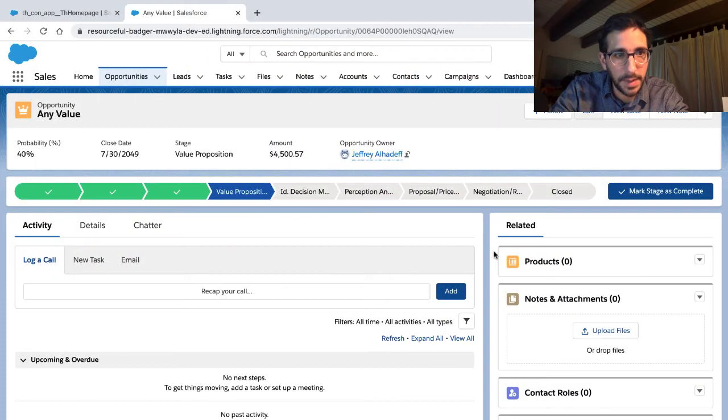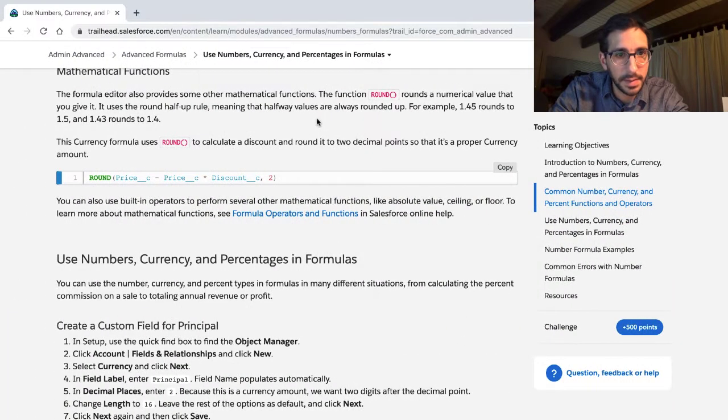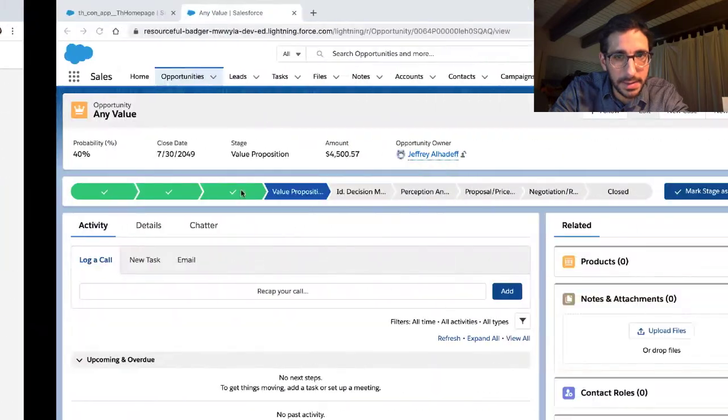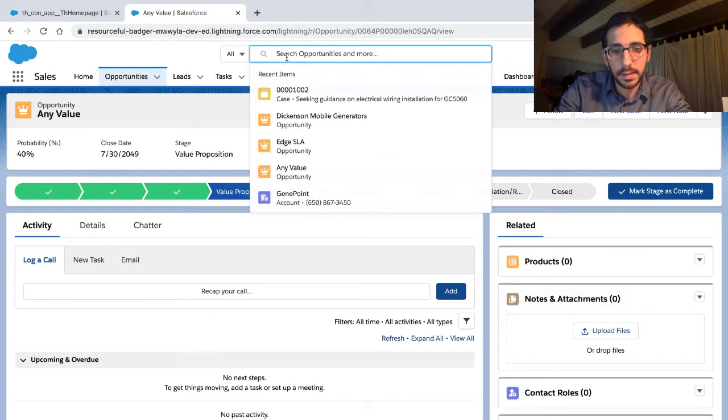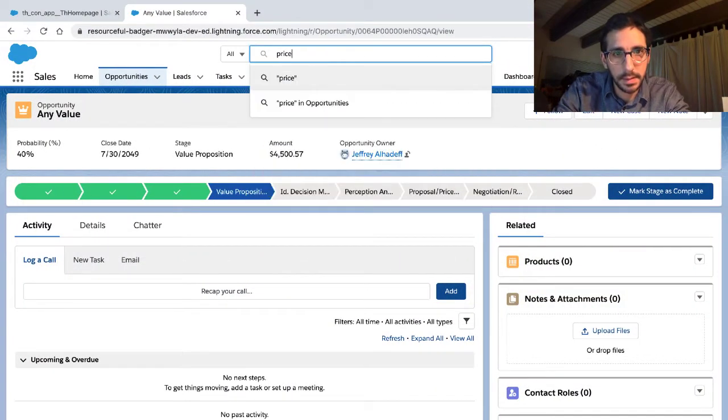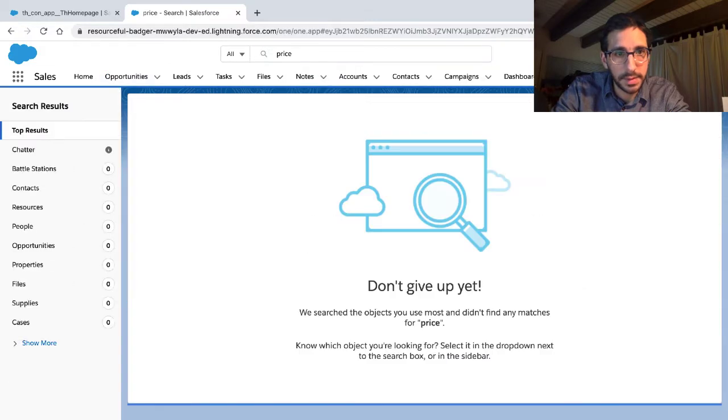I mean, that's happening on the opportunity object, on the amount field on the opportunity object. This was talking about the price. I'll just look for price. I don't know.